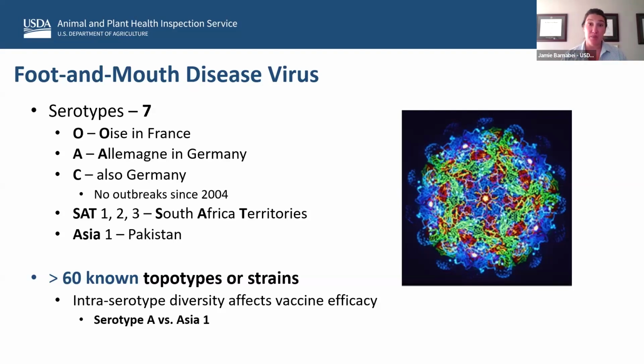The strains within that serotype are very distinct. You often need a variety of vaccines in serotype A to get appropriate coverage for what's circulating. You don't see as much cross protection within the serotype versus Asia 1, where there are really only a few vaccines out there and they provide excellent coverage across a variety of strains that may be circulating.